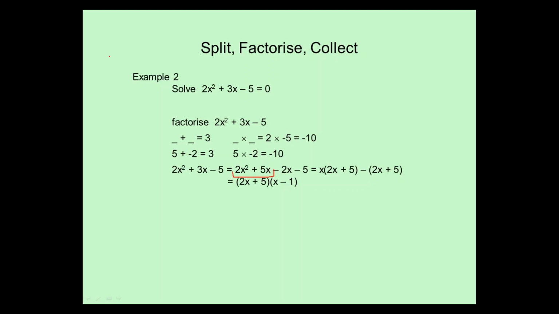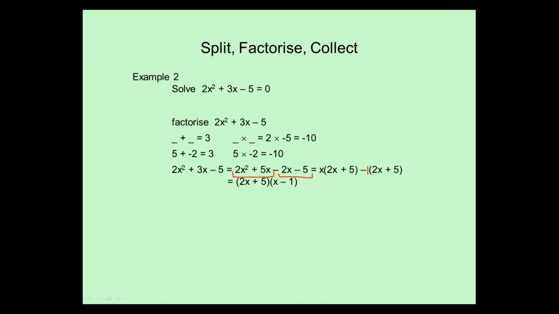Common factor is x, so they take out the x, and they're left with 2x plus 5. And then they look at this one. The common factor here is minus 1, and I actually would write the 1 there. I think it makes it clearer that they've taken out minus 1 rather than just minus to get that.